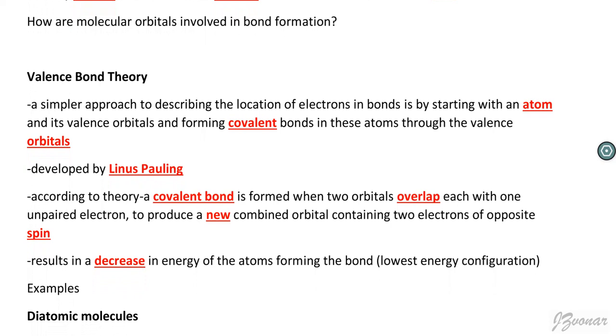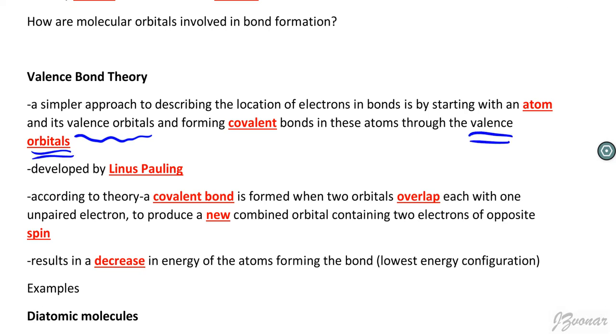This theory was developed by Linus Pauling, and he uses the idea of describing the electrons found in the bonds, which come from the valence orbitals, the ones found in the outermost shell. These are the ones that are going to be involved in forming our covalent bonds. We call these our valence orbitals.